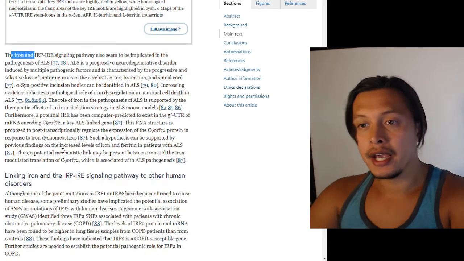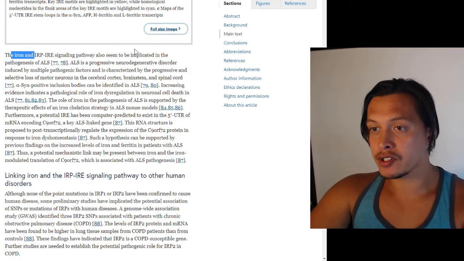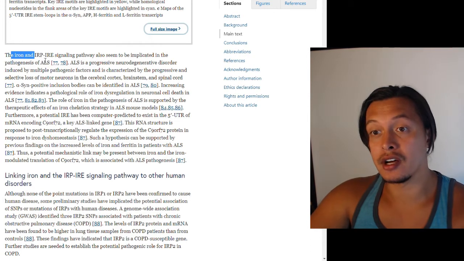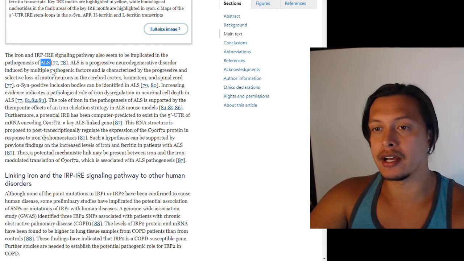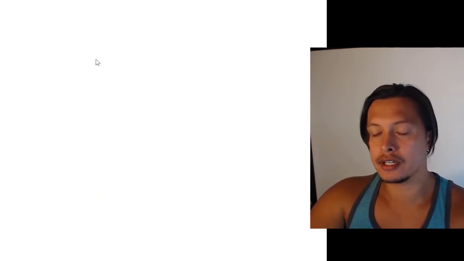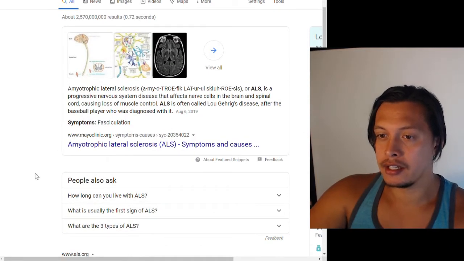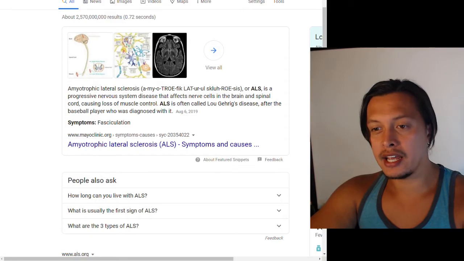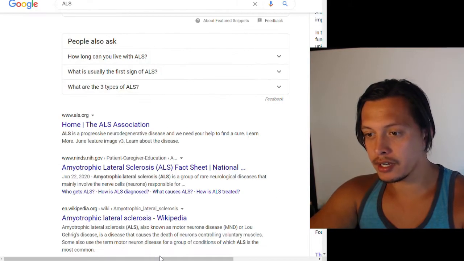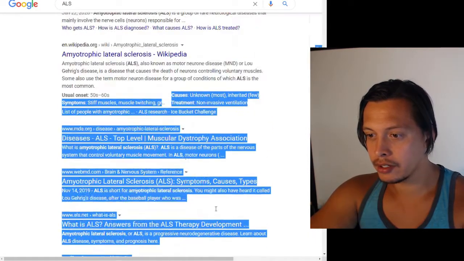So the iron and IRP-IRE signaling pathway also seems to be implicated in the pathogenesis of Lou Gehrig's disease, or ALS, which is amyotrophic lateral sclerosis.